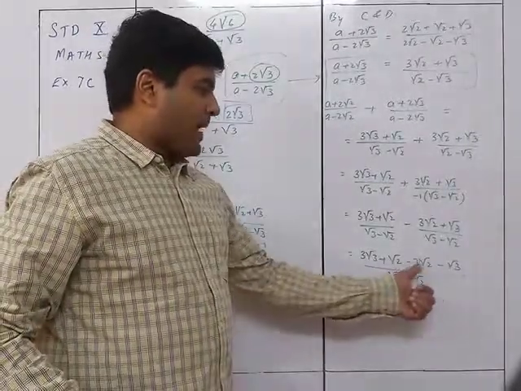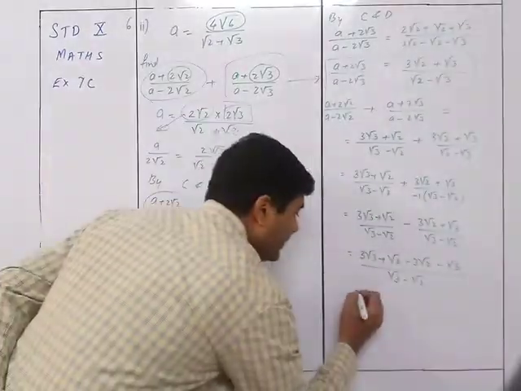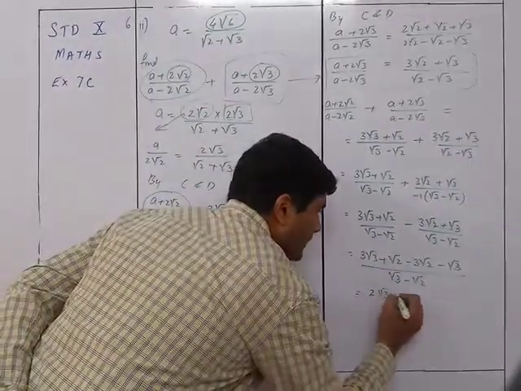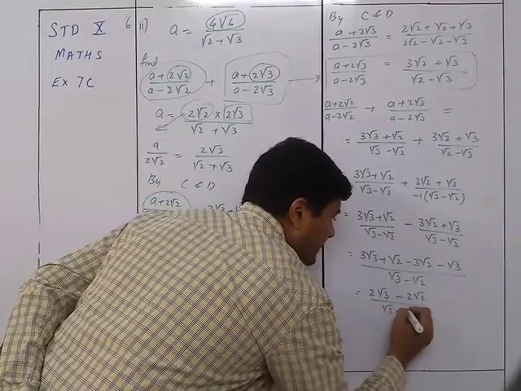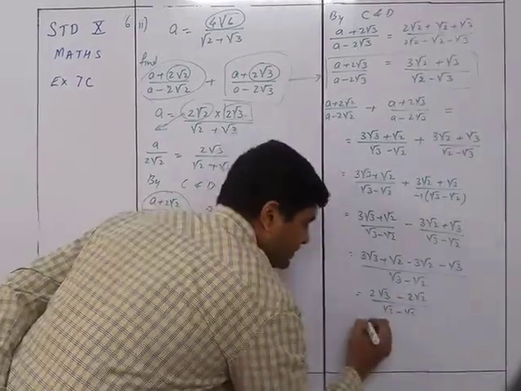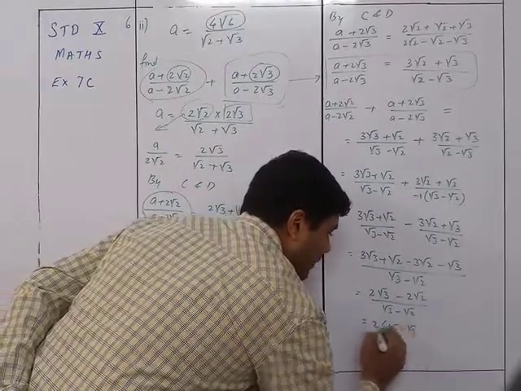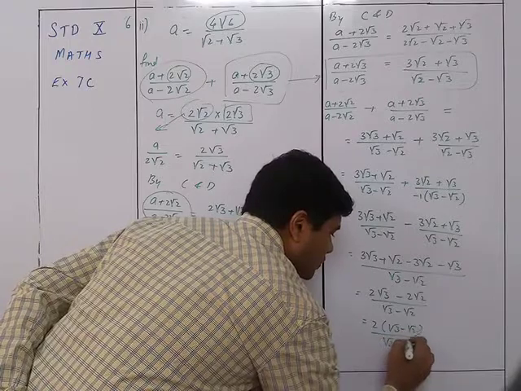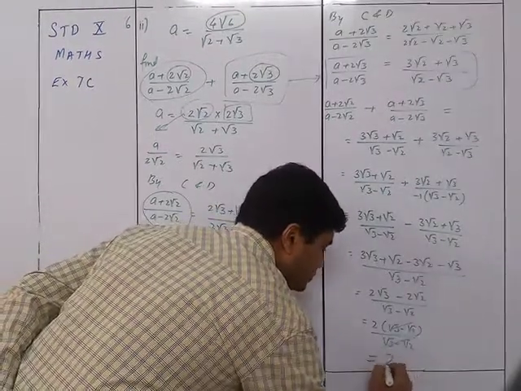This is nothing but minus 2 root 2 and this is nothing but 2 root 3. So it is going to be 2 root 3 minus 2 root 2 upon root 3 minus root 2. 2 comes common, so it's 2 times root 3 minus root 2 upon root 3 minus root 2. This numerator gets cancelled. Answer is 2.